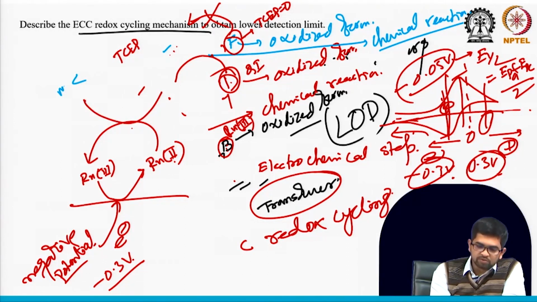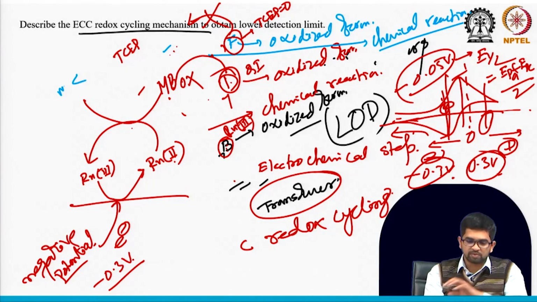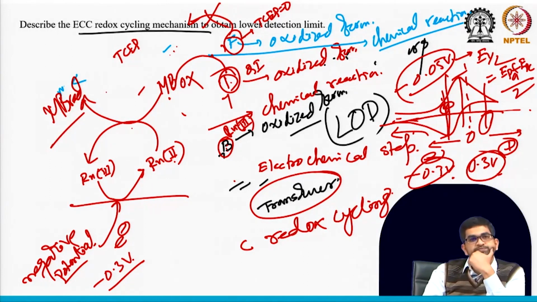So ruthenium 2 can be converted to ruthenium 3 again if you use the oxidized form of methylene blue. So ruthenium 2 is oxidized to ruthenium 3 and methylene blue itself will form the reduced form. Clear? So it is the reduction based.